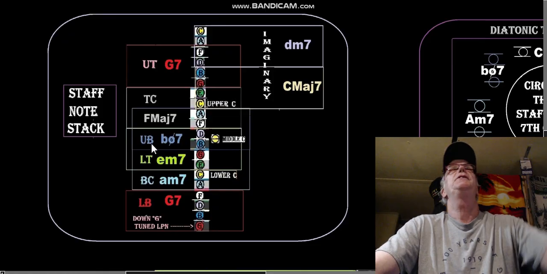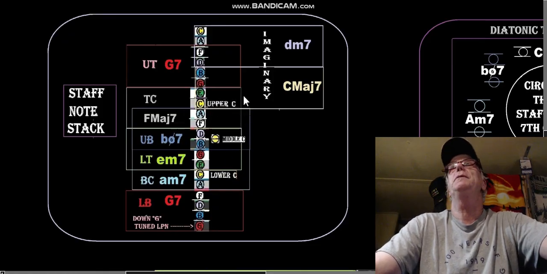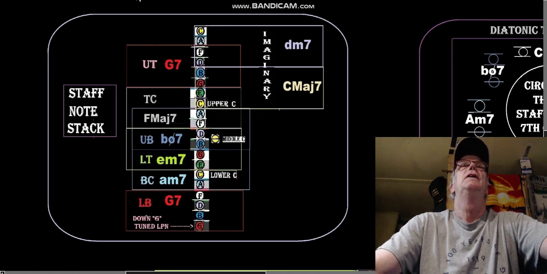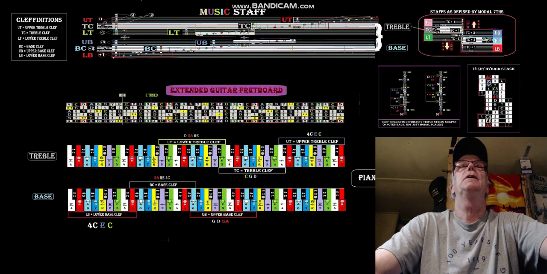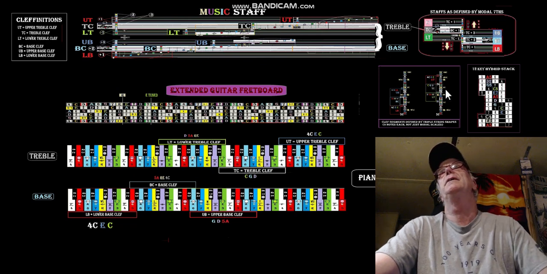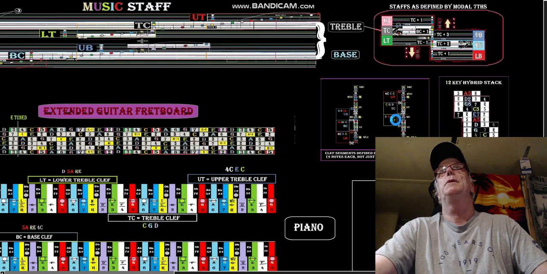But see, this is still the old stack. We don't have it split up the way we'd rather see it. So let's see if we can go up one here and see if we have that double stack here. Sounds like a Wendy's burger, right?